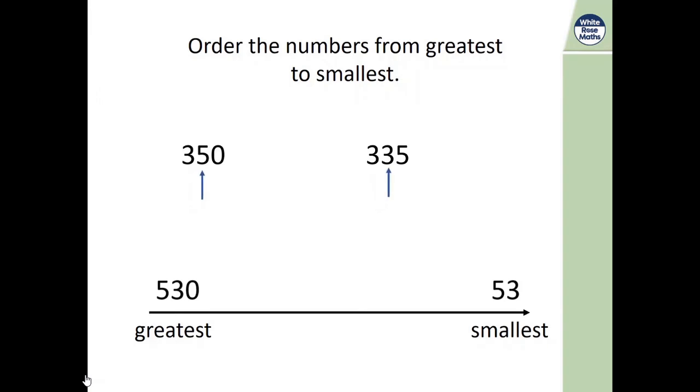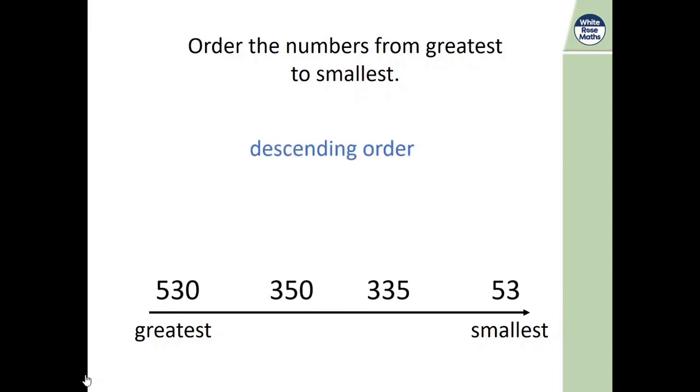Can you see which is the next largest number? That's right, it's 350. 5 tens are more than 3 tens. So the next largest is 335. So now our numbers are in descending order, from greatest to smallest.